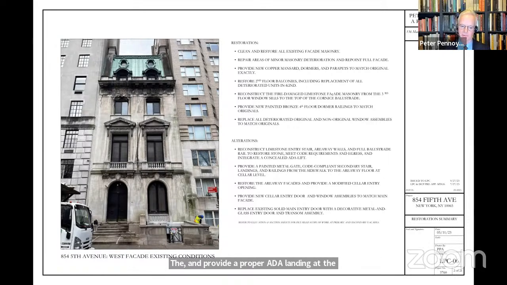How will this change what we see here? Obviously, everything will be put right and it will look close to what it did originally. It will have a new gate. There are some bronze railings, which I'll show you further on, which have to go on top of the sidewalls.